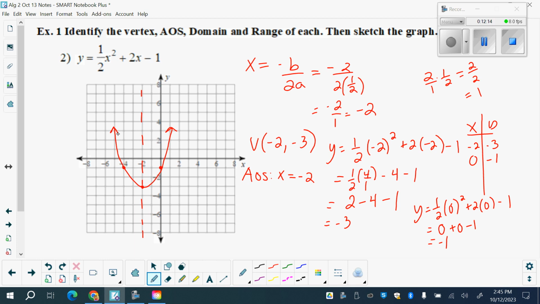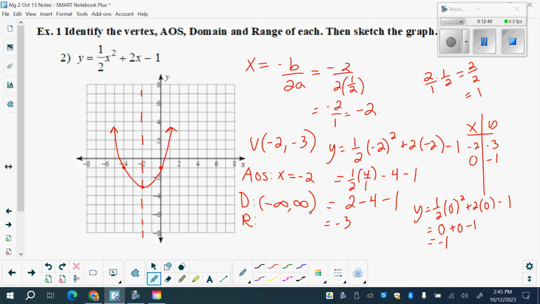Let's find our domain and range. Domain. Rafael, you know what the domain is? The domain can be negative infinity to infinity. Yeah, good. And somebody want to do the range. What would the range be on this?